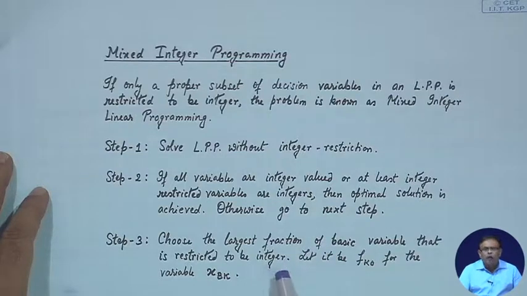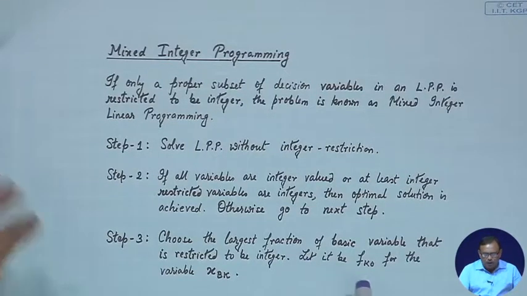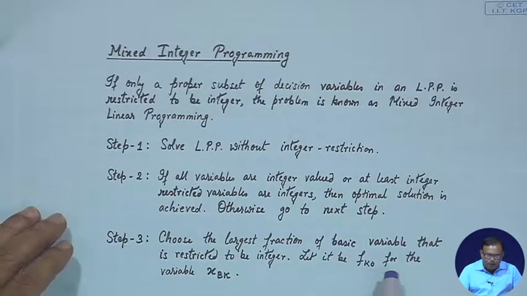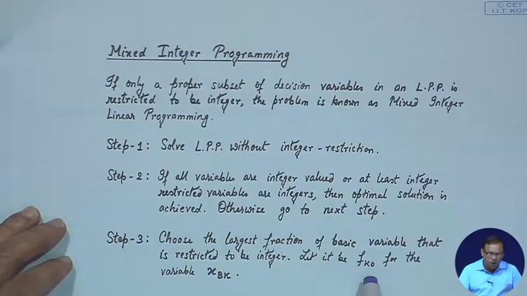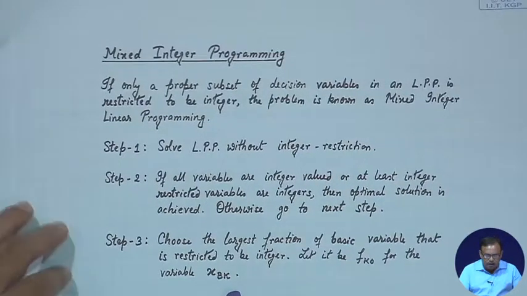Whenever you come to step 3, it means some of the variables are taking non-integer values which should take integer values. Out of those variables, you choose the basic variable which has the largest fractional part. We assume f k 0 is the largest fractional part, and the corresponding basic variable is x b k.